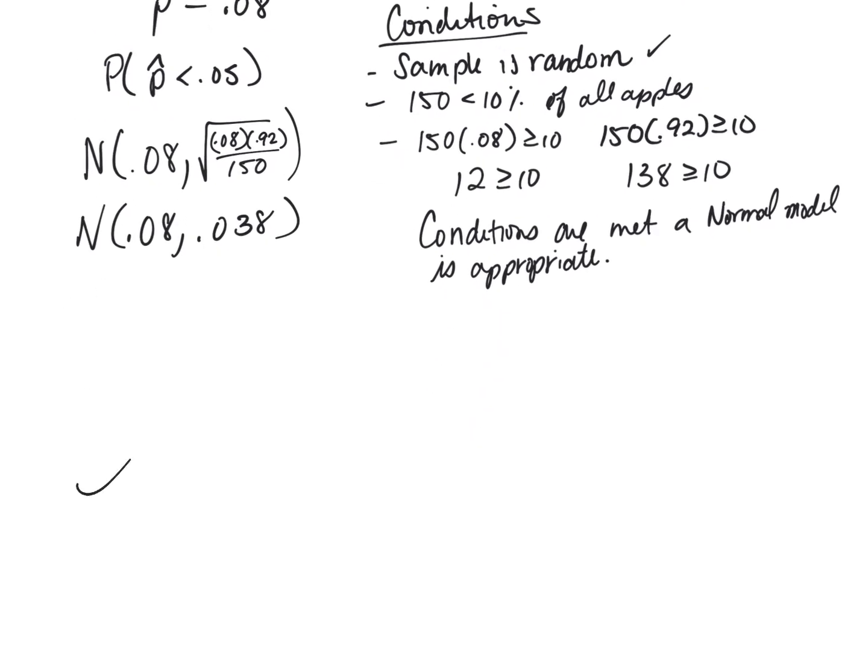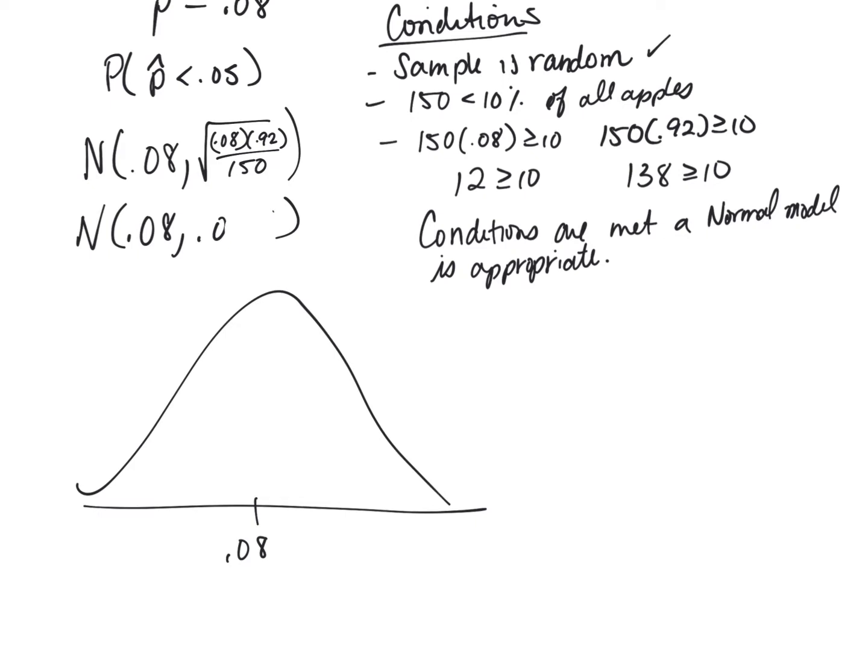So when the book is drawing the normal model, to give us a visual representation of what we're finding, the mean of this model is 0.08. The standard deviation is 0.038. Oh, that's not right. I put in 50 instead of 150. It's actually 0.022.